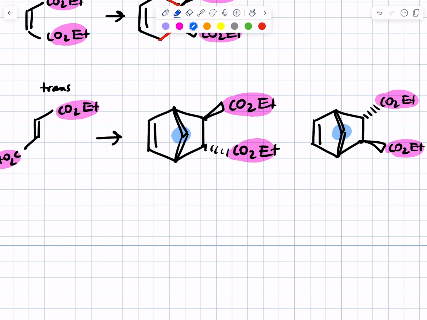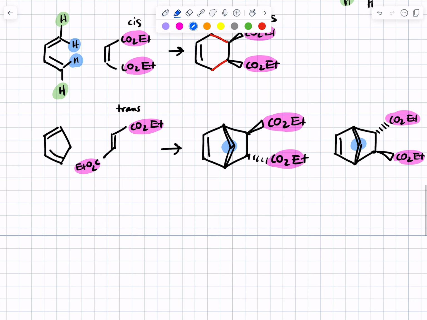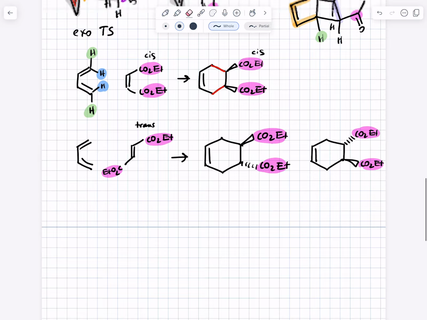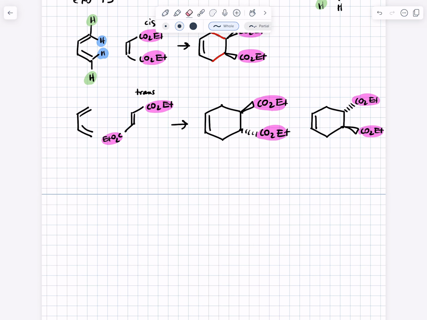Okay. So let's do some retrosynthesis now. There are more complicated Diels-Alder reactions than this on your problem set. I encourage you to do them and get used to this. But we need to now do a little bit of retrosynthesis.